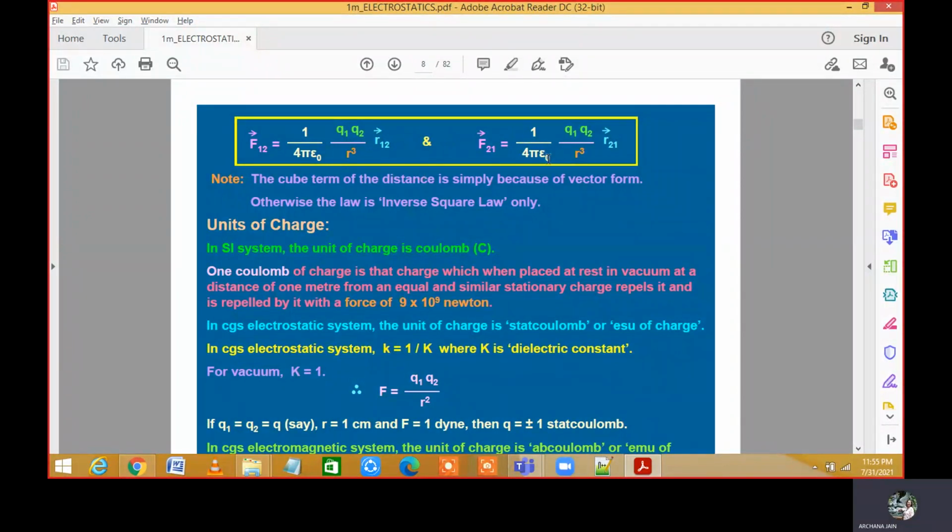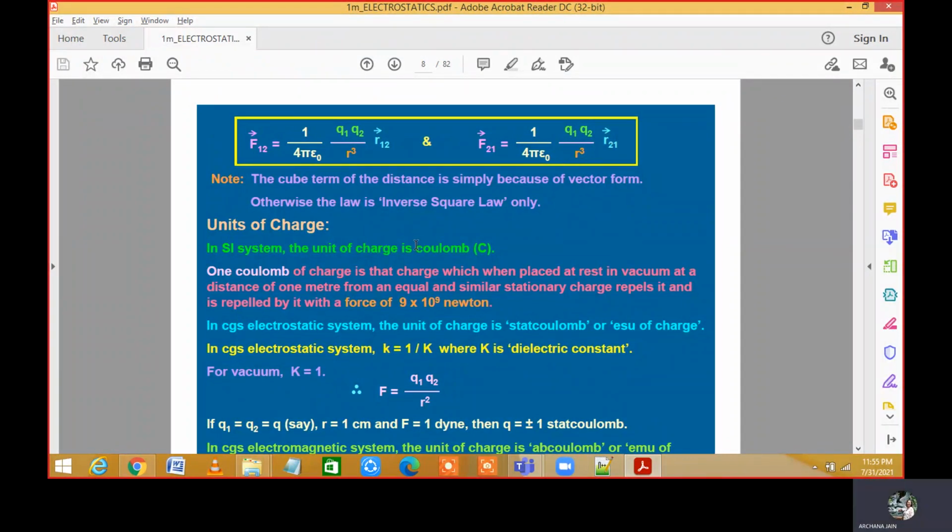In the second formula also, F21 is equal to 1 upon 4 pi epsilon naught q1 q2 upon r cube times the r21 vector, right? Because r21 cap is equal to r21 vector over r.